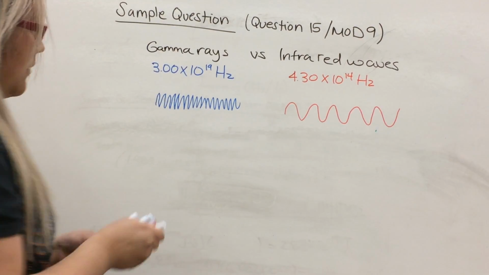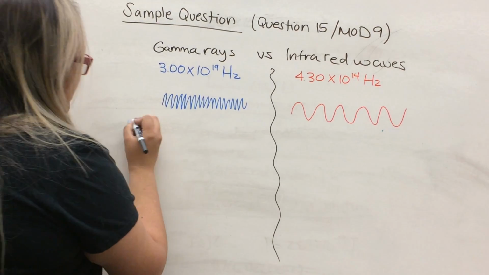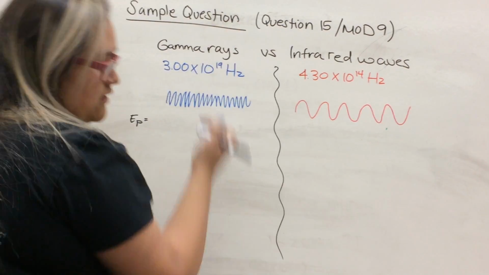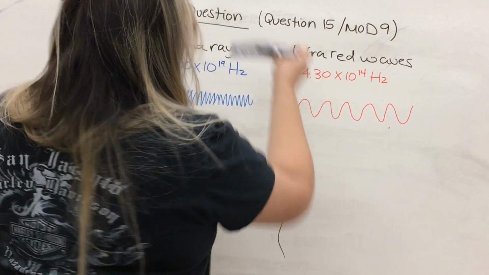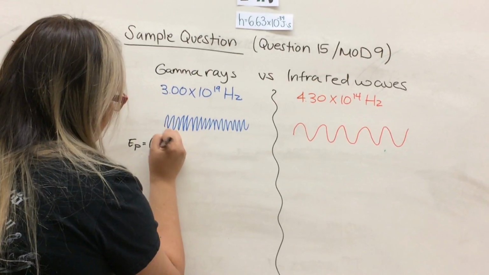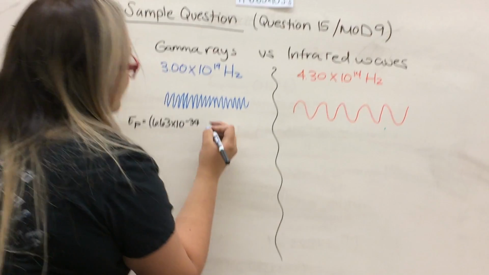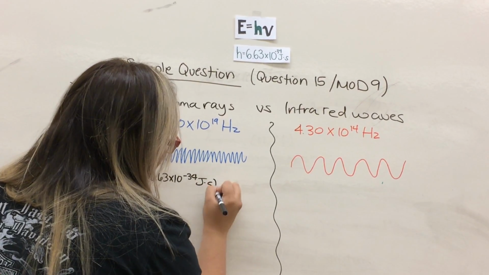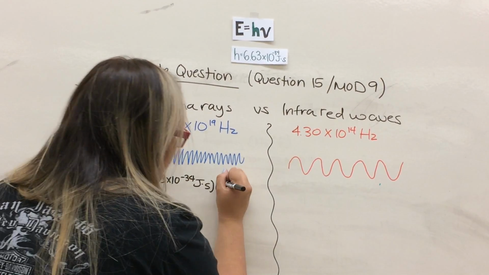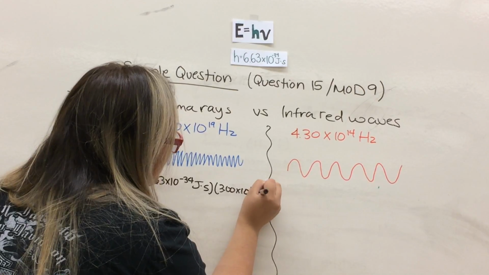So we want to compare the energies. For the gamma rays, we know that the energy of a photon of a gamma ray is equal to Planck's constant, so I'll put it up here just to remind us: 6.63 times 10 to the negative 34 joule seconds times our frequency, which is given, 3.00 times 10 to the 19 hertz.